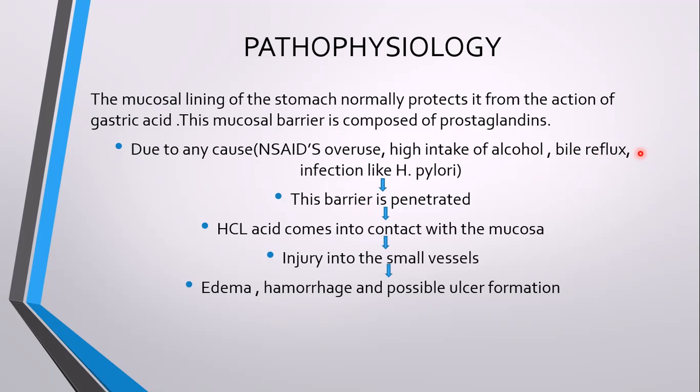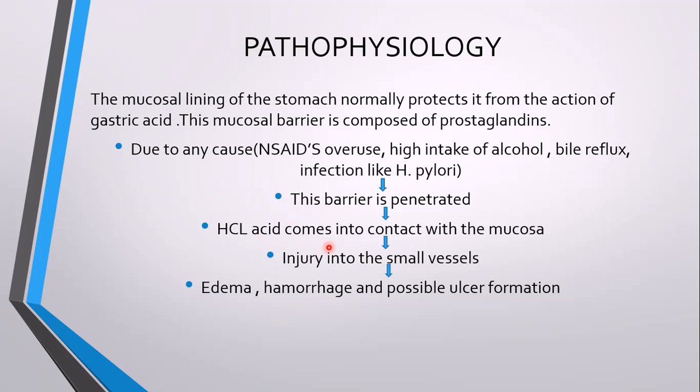Reflux is a regurgitation. Then infection like Helicobacter pylori, which we indicate as H. pylori. When due to these causes this barrier, which is our mucosa lining, is penetrated, then HCl acid comes into contact with the mucosa.